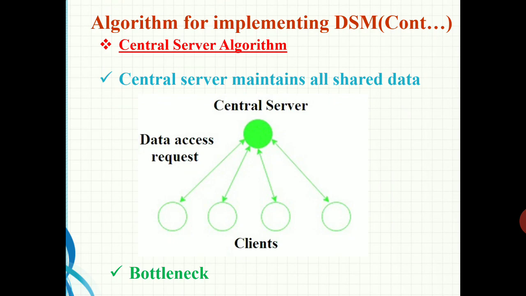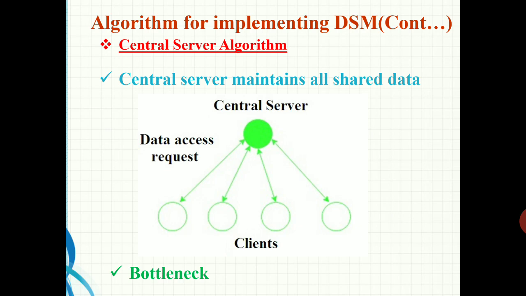That is, it services both read and write requests. During a read request, it returns the data item to the client. During a write request, the central server updates the data and returns the acknowledgement message to the client node. That is the situation.